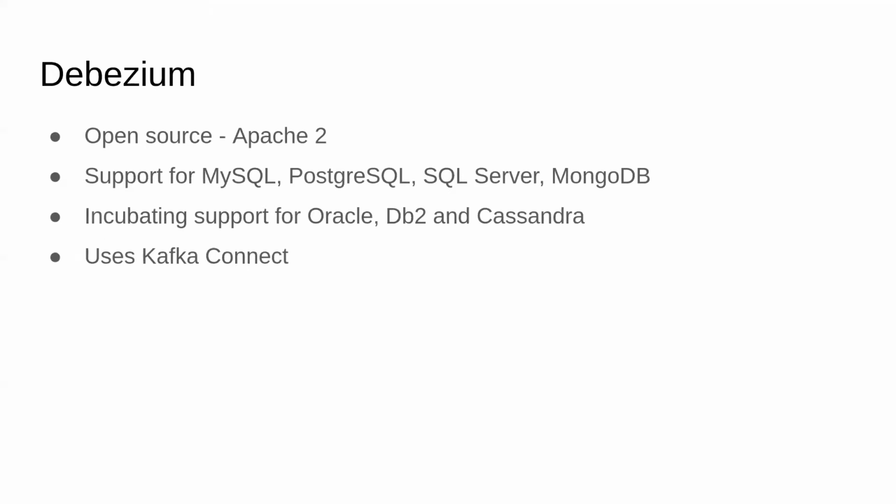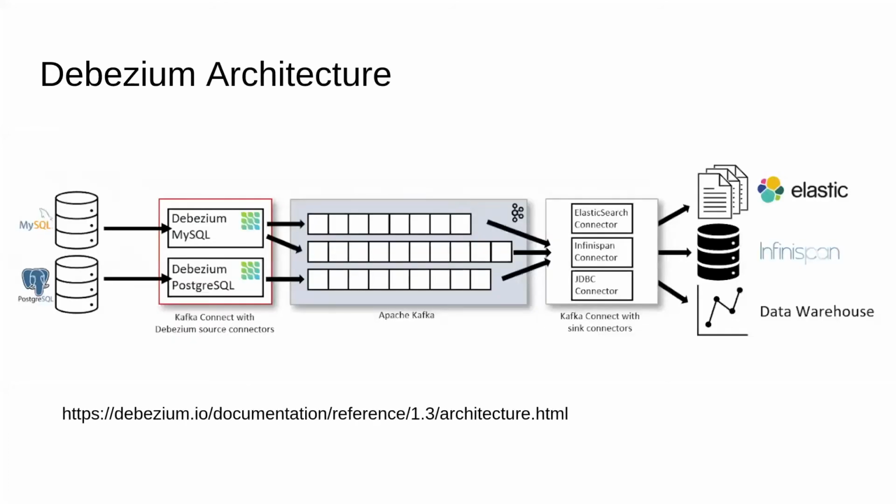A typical Debezium deployment looks like this. You have your source database, and then there is a Debezium connector with Kafka Connect, and then you have a Kafka cluster, and then another connector which writes to your target system.